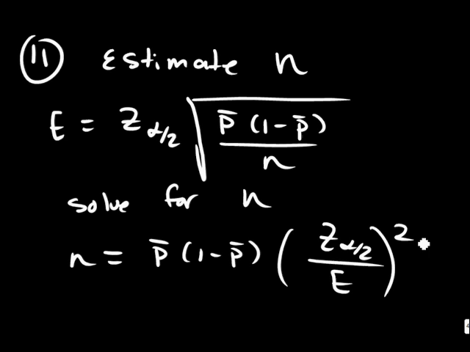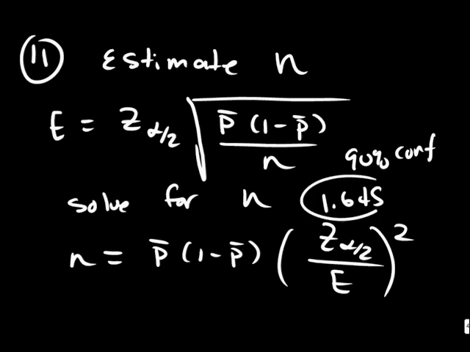They want us to use 90% confidence. 90% confidence gives us a z alpha over 2 value of 1.645. We're going to use that for z alpha over 2.